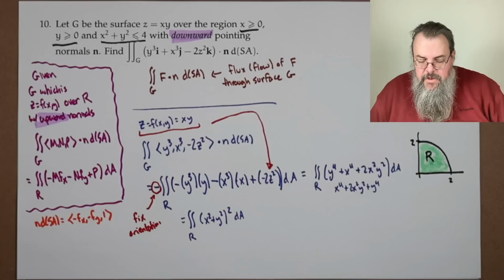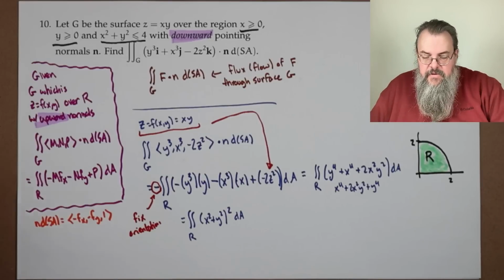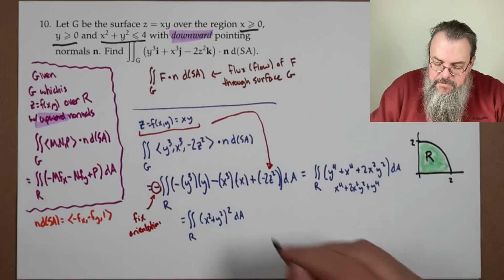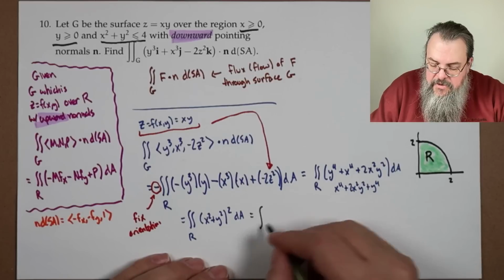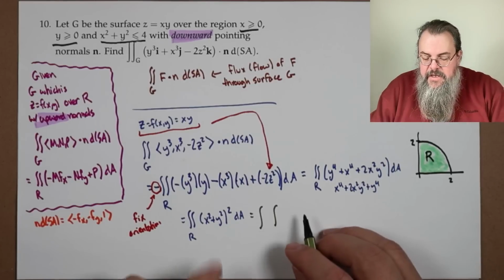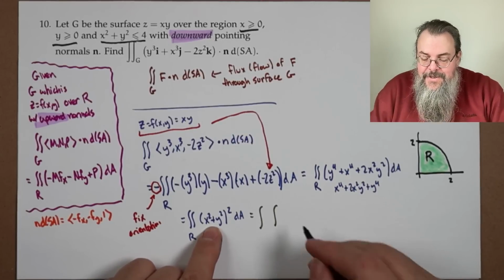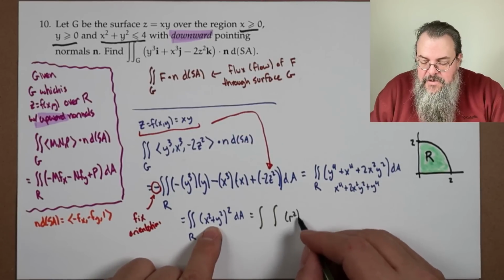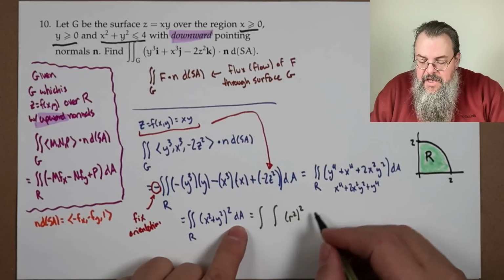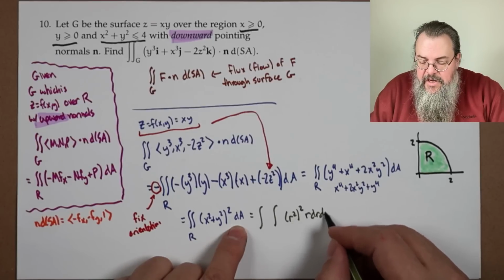All right, so we're almost done. Well, so what does this become? This is now equal to, switching to polar, integral, we'll figure that out in a second, x squared plus y squared is r squared. So we have r squared, squared. dA is r dr d theta.